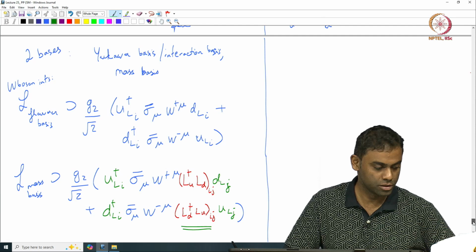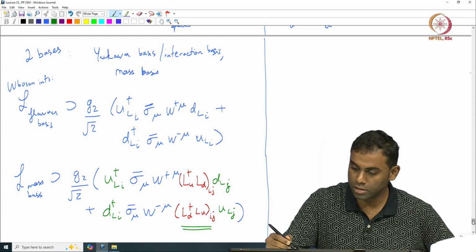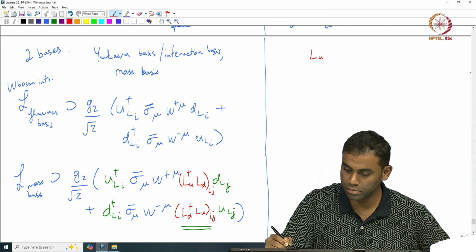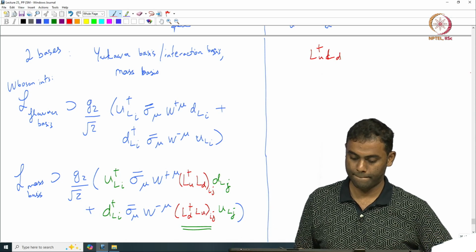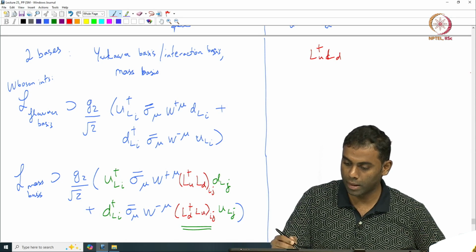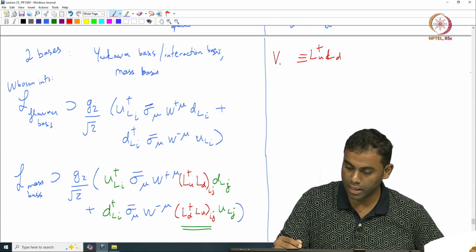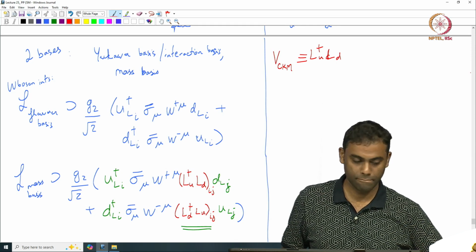Yes. So, now we can define this matrix LU dagger LD, okay. I am going to define that as the CKM matrix, okay.